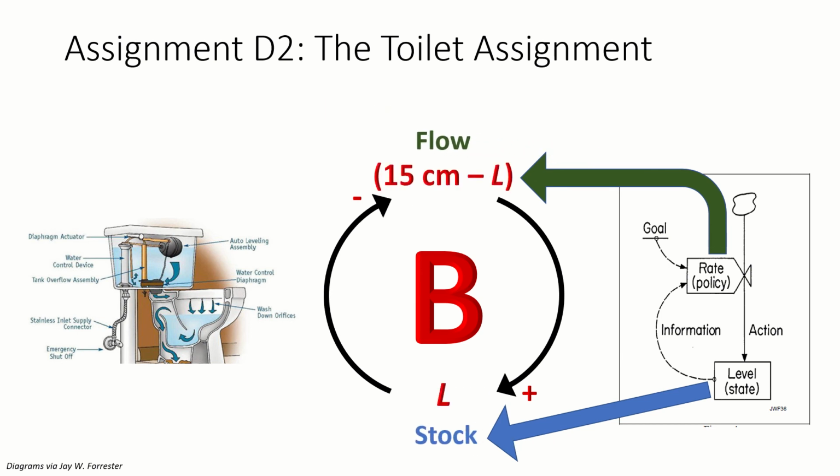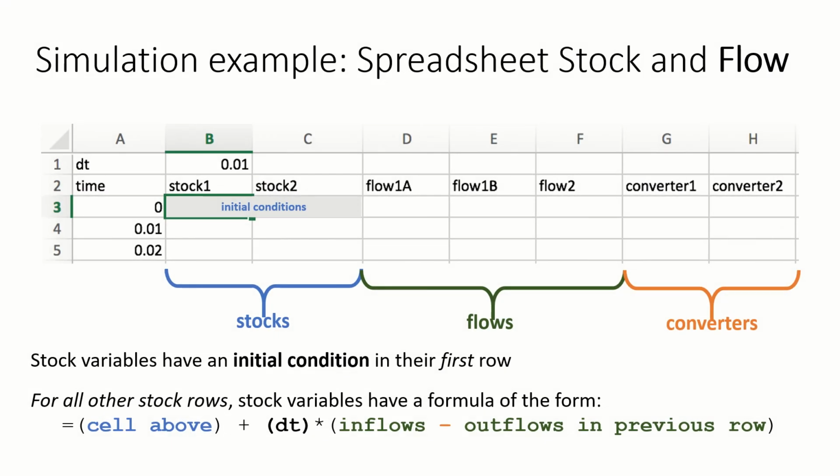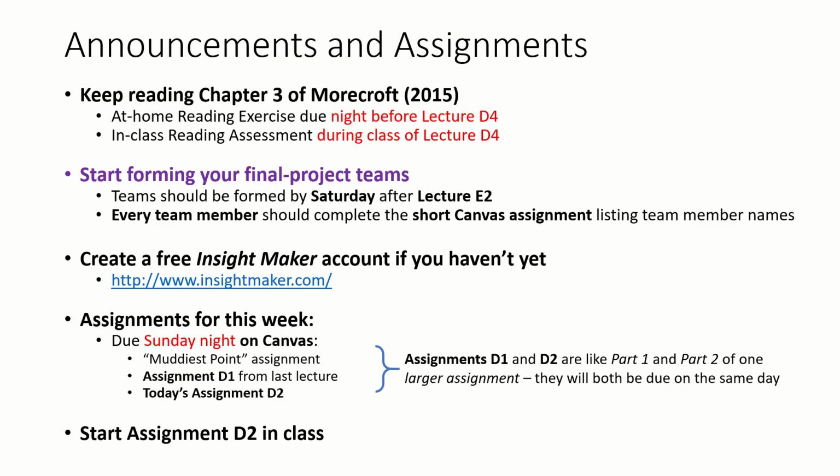And that's the formula you'll put in that flow column. That's maybe what's going to be in the stock. And so you'll implement it in this way. So the water level is going to be a stock column. The valve flow is going to be a flow column. If you need any extra columns, you can add them in as converters, and then you'll simulate that down. So that's this assignment, which I'll help you with, because we're going to start that now.